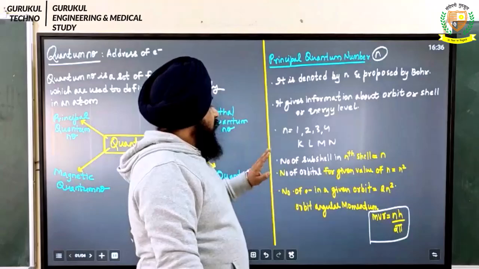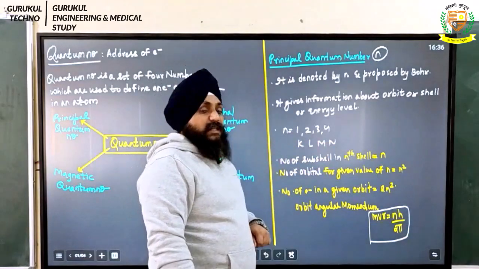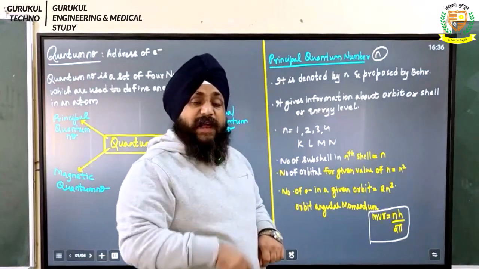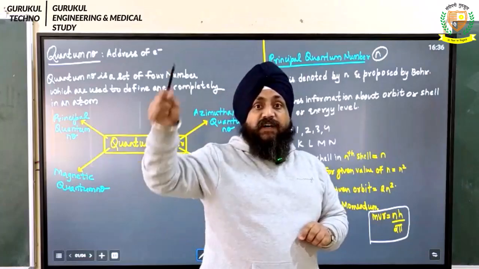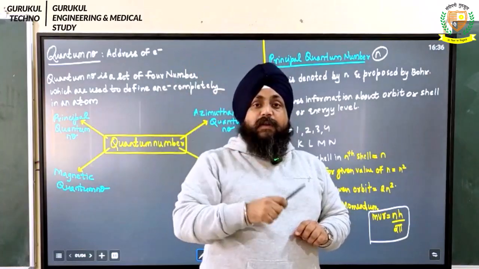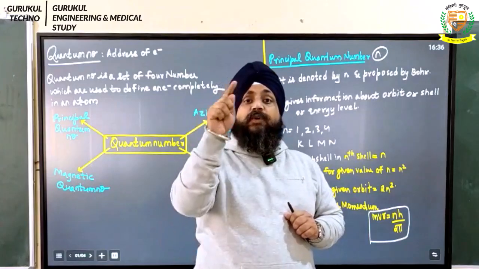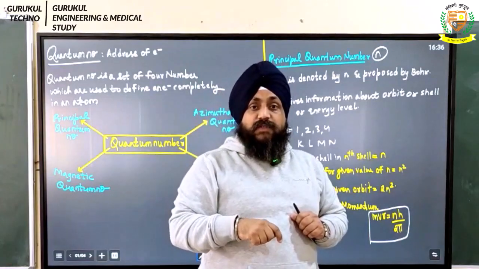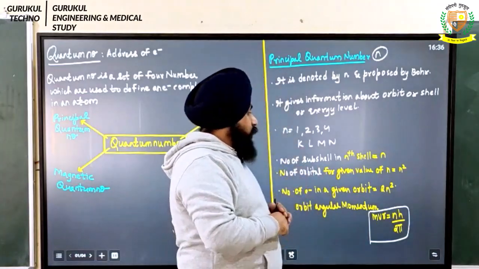Then students, the number of subshells in the nth shell. See, suppose I say the value of n is 1, so subshell will also be 1. In the first shell, there will be only one subshell, which is going to be s. Then how many orbitals will be present?